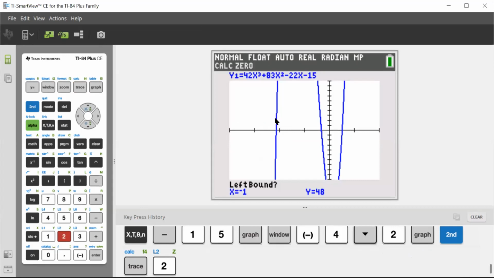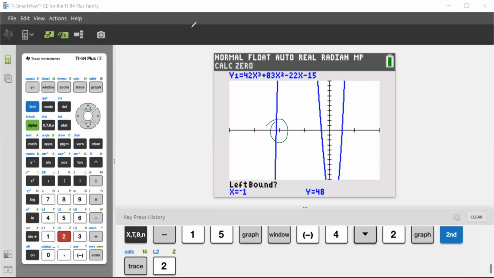Basically, if we're trying to find this horizontal intercept here, we need to give the calculator two values that we think it's between. We said this one was negative 2.1, so to find a left bound, we need to scroll using the arrows here until we get a value that's less than negative 2.1.